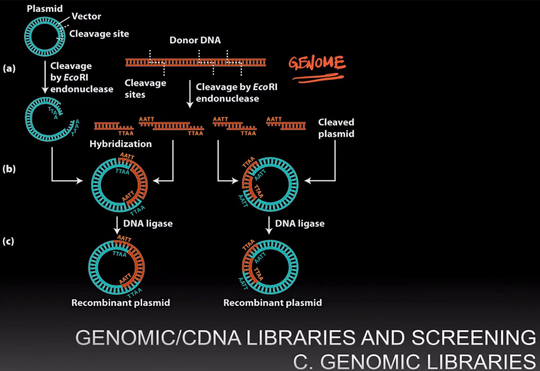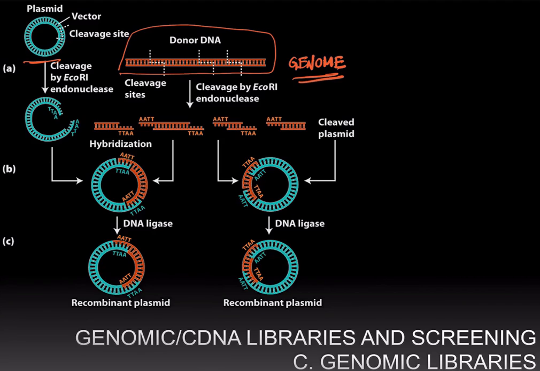Now, as it turns out, restriction enzymes make this a one-step process essentially. So let's say we have the genome, which is the donor DNA, or the DNA that's going to be inserted into our vector, and we have a plasmid.